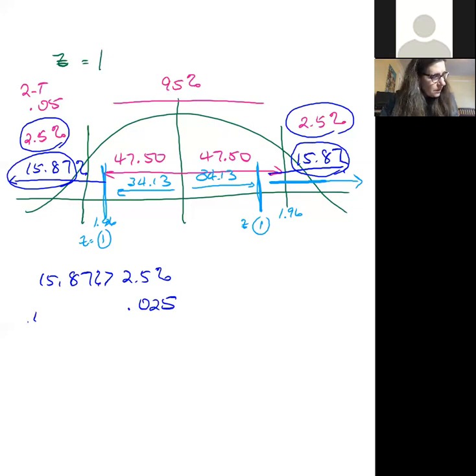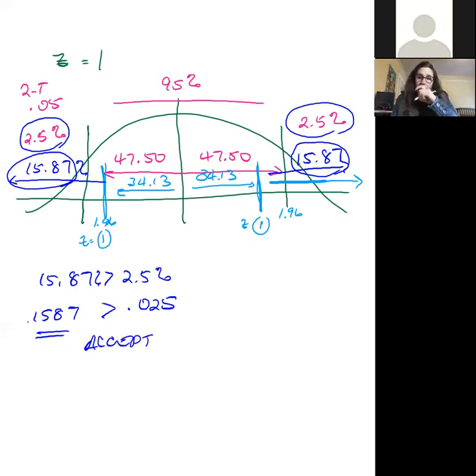So it's still greater than. This means there's about a 0.16 probability that results are due to chance. We're only prepared to take a 0.025 chance that it was due to chance. So we're taking too big of a risk right here. So we have to accept.